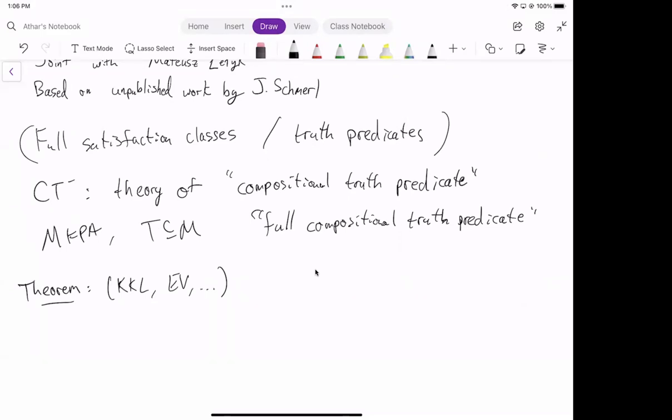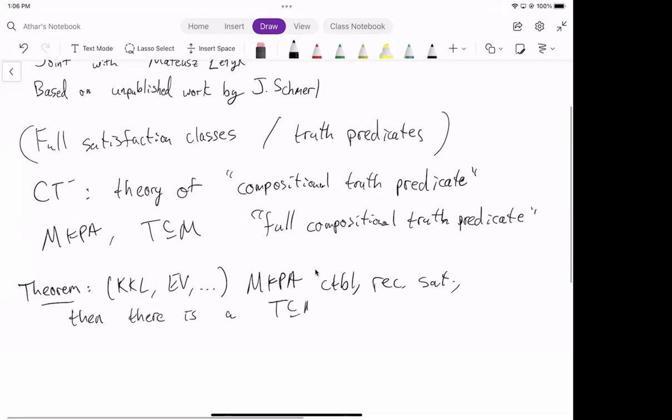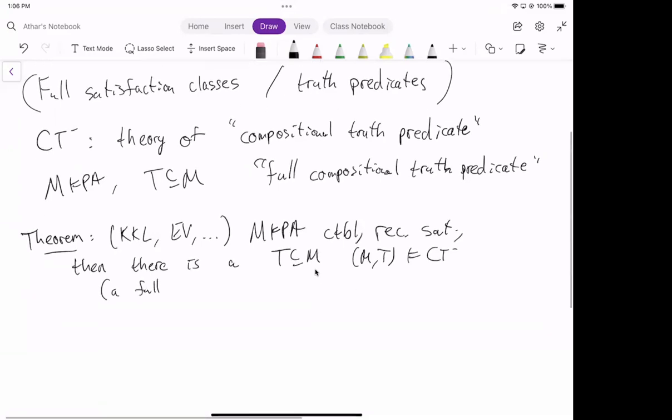You could describe this as: if M is a model of PA that is countable and recursively saturated, then there is a subset of that model, an expansion to CT minus, that is a full compositional truth predicate.